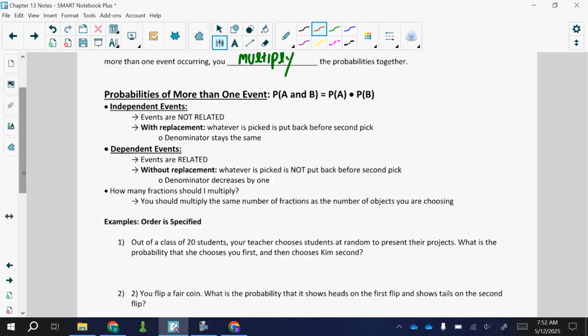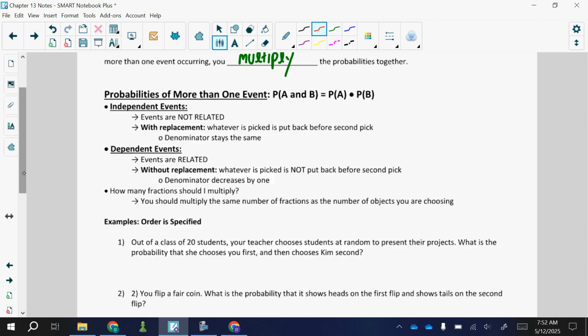Dependent events are where the events are related. You don't replace, you don't put something back. A classic example of this is a deck of cards where you're dealing some hands out. When you start dealing cards, you're not putting the card you just dealt back in the hand.